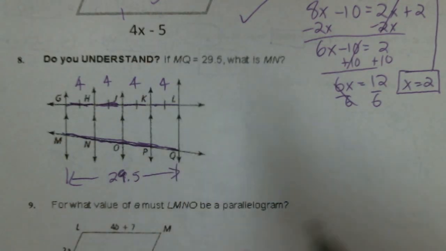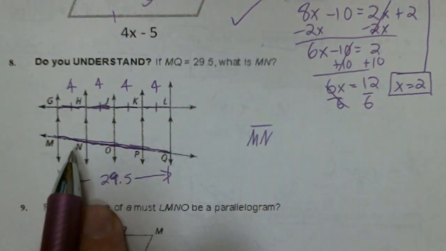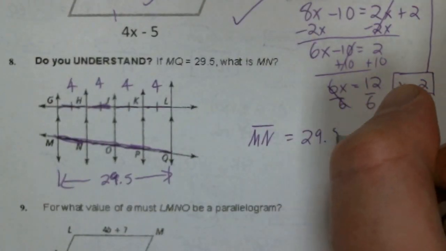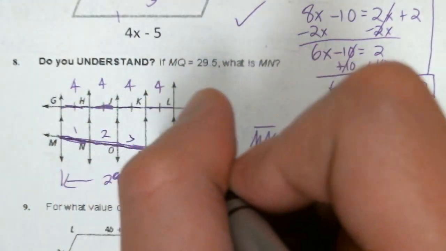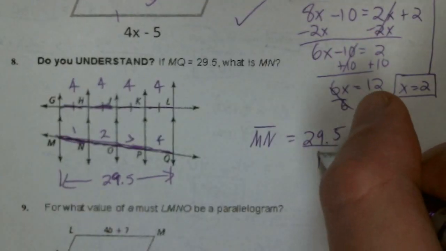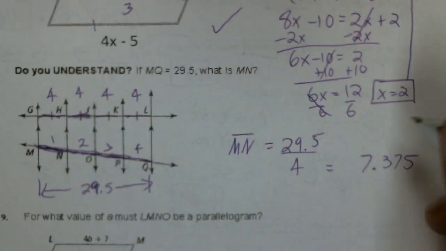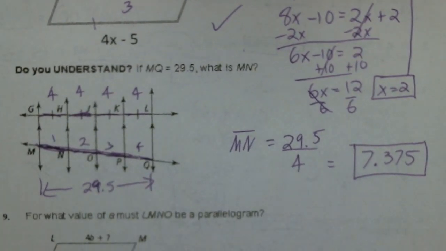Let's just divide that by 4. Okay, so MN, one of these little pieces, that's what they're asking for. They want just one of those. MN is going to be equal to the whole length, 29.5, divided by 4 parts. I got 1, 2, 3, 4 different parts. And that gives me 7.375, 7.4, however you want to round that.